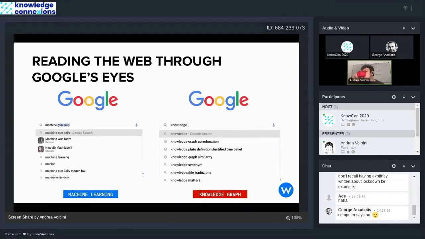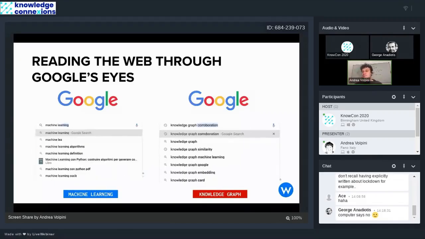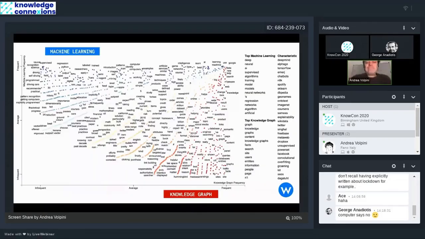Here I have built a small tool and a visualization that you will also have linked to this presentation, and that we will also play with in the next session on Google Colab. It groups the most relevant entities for these two different queries.